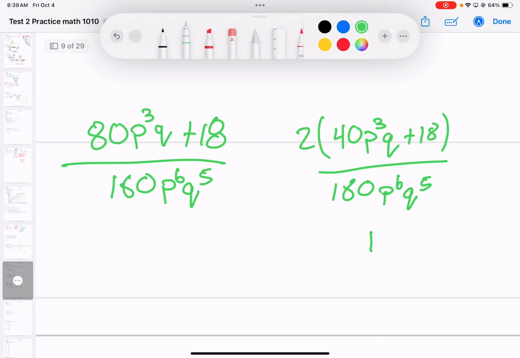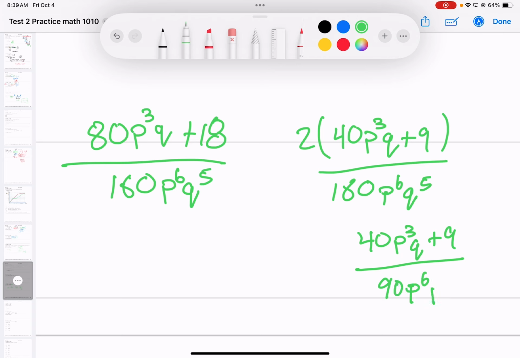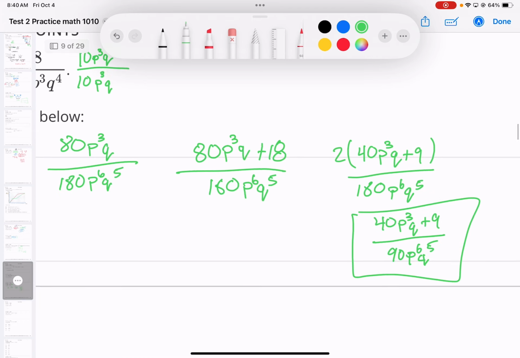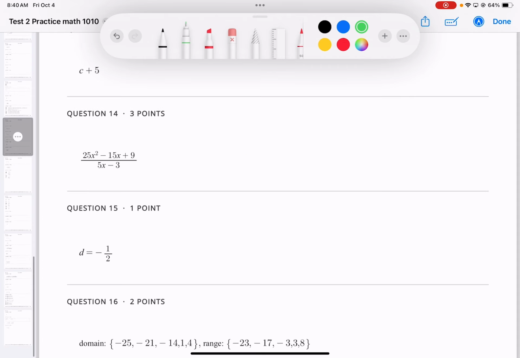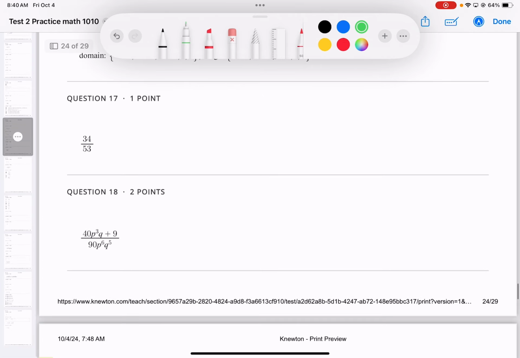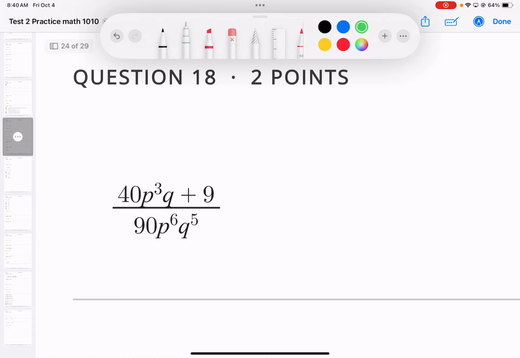So I got 40 p to the 3rd q. Oh, this is plus 9 over 90 p to the 6th q to the 5th. All right, that's my answer. Should we go see if it's right? Question 18. Hey, look at that. I did it.